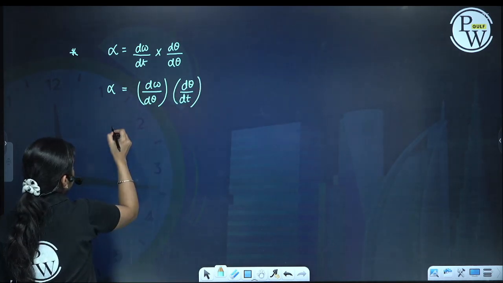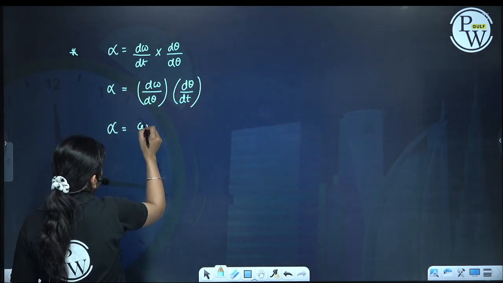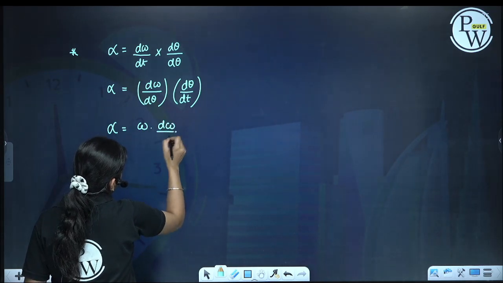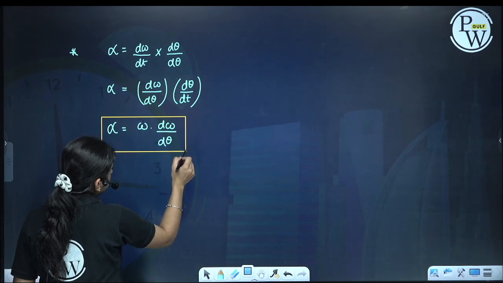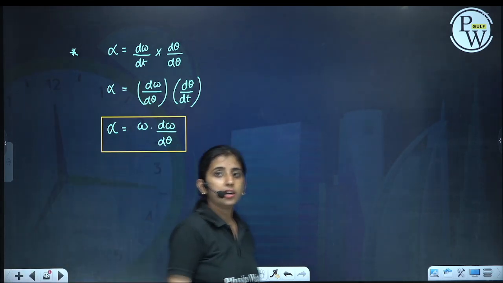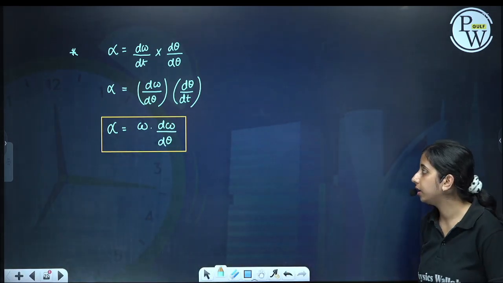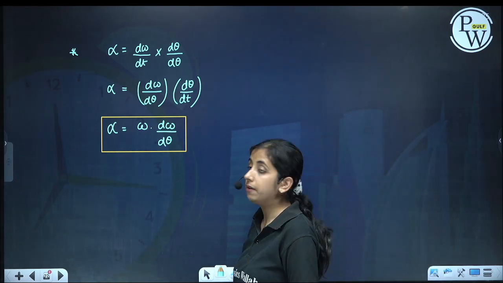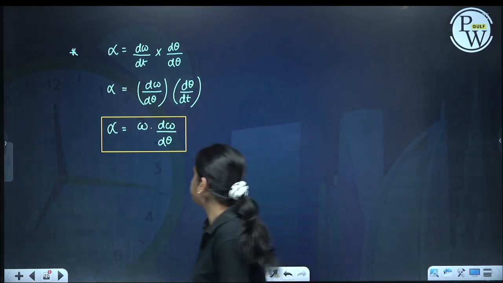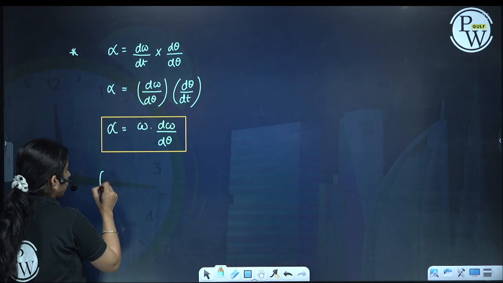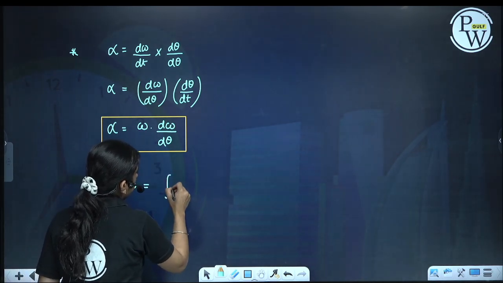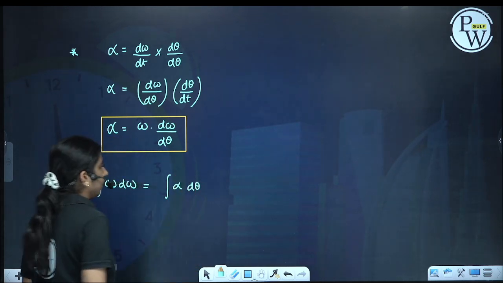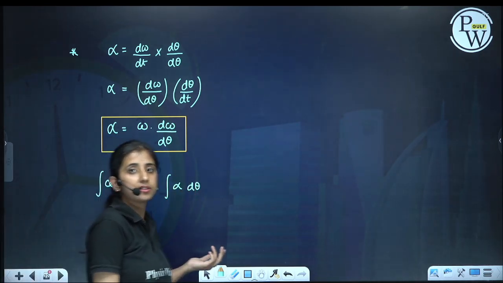What is d theta by dt? It is omega. So alpha will be equal to omega into d omega by d theta. This will be the third relation. From here, the integration of omega d omega is equal to the integration of alpha d theta.